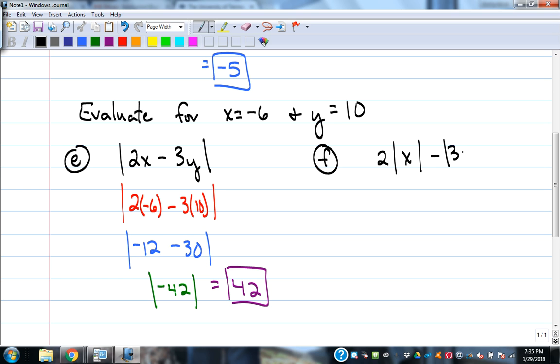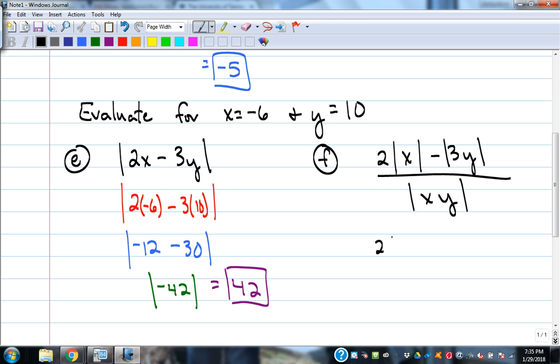Same values for x and y. Much more complicated problem, but not too terribly difficult to perform this problem. Plug in x and y. So x is -6, y is 10.